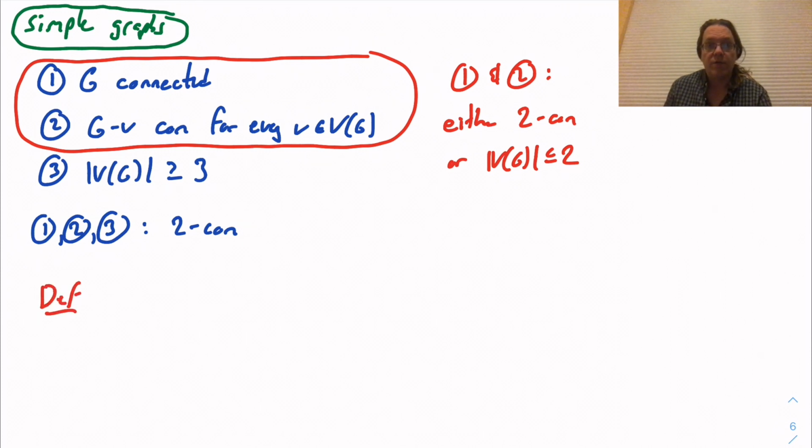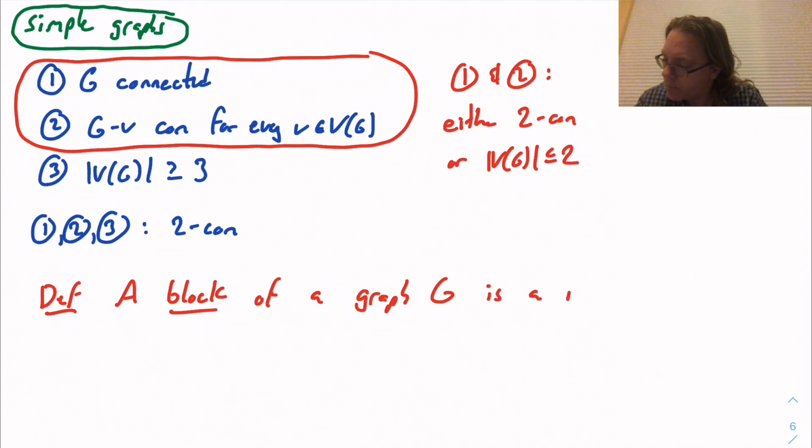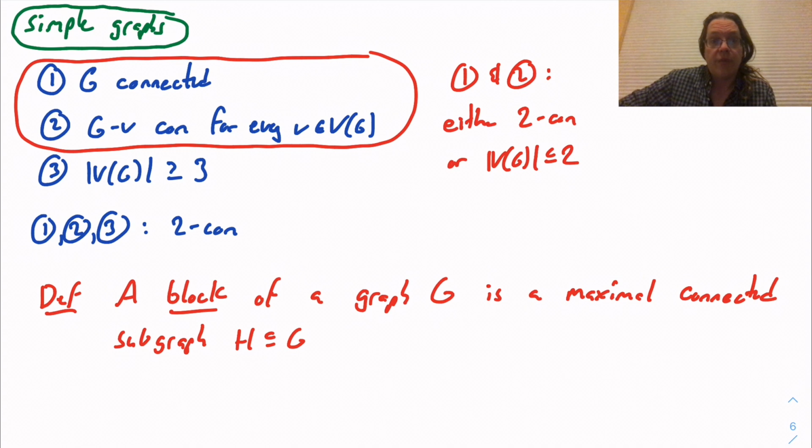A block of a graph G is going to be a maximal connected subgraph H that satisfies properties 1 and 2.